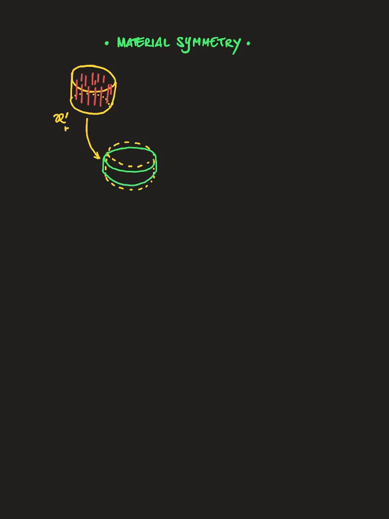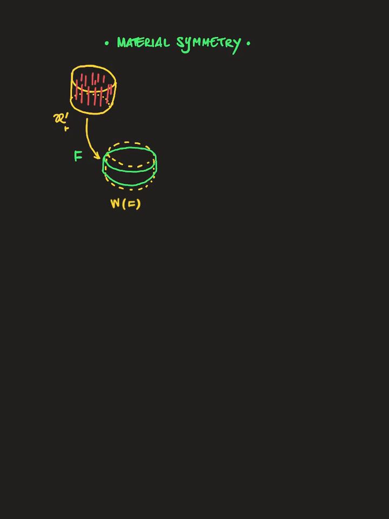Let me say, for example, this is the gradient of deformation F. In this configuration I will have a certain energy, which depends on the gradient of deformation, following this first path. Now, what is the idea at this point? Let's be careful. In the discussion of objectivity, we were rotating the current configuration. Here things are different.